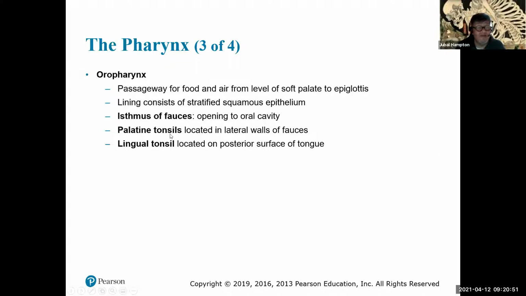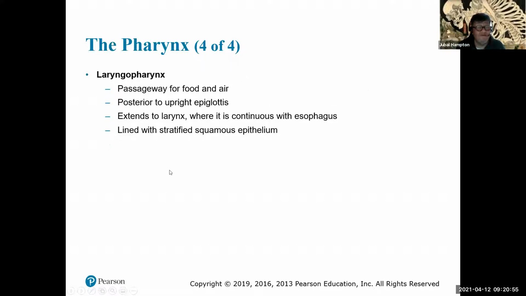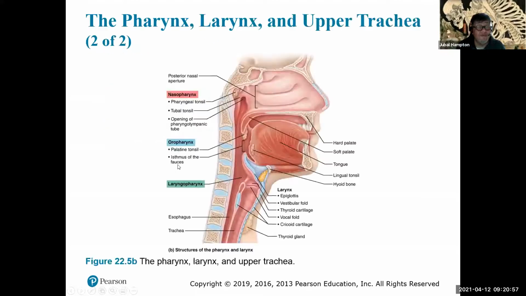Oropharynx has the palatine tonsils and, of course, the lingual tonsil. Further down, here's our palatine. Palatine are located in what is called the fauces, F-A-U-C-E-S. The fauces is the doorway into the oropharynx.